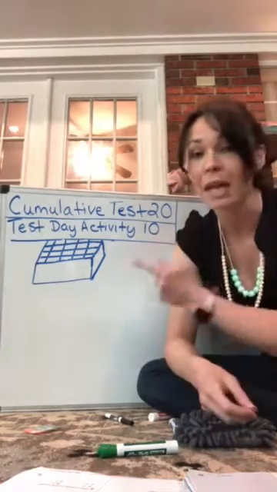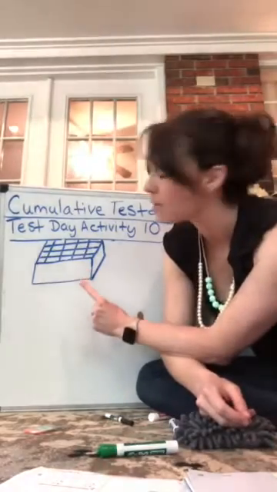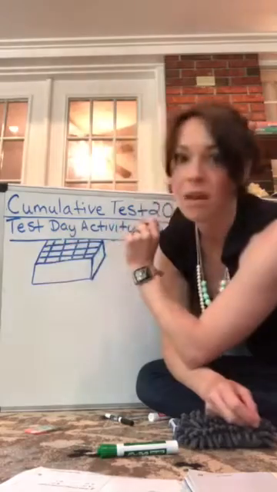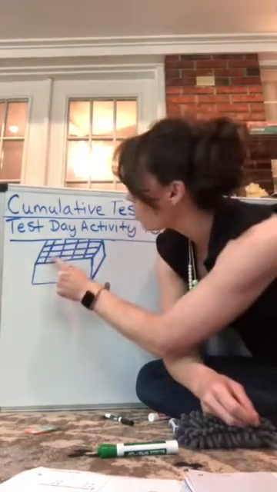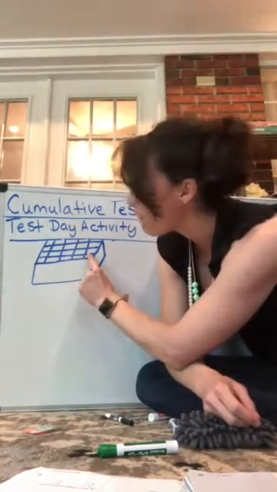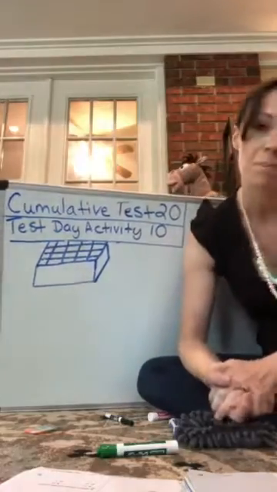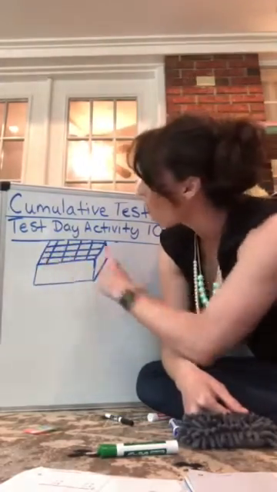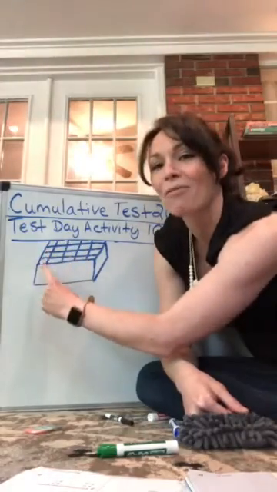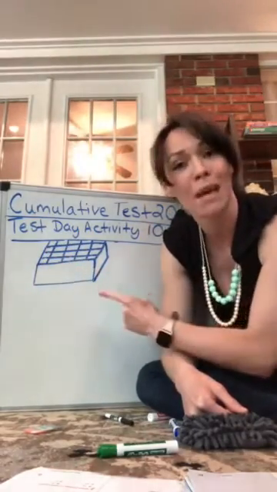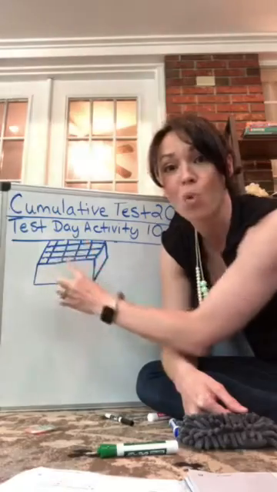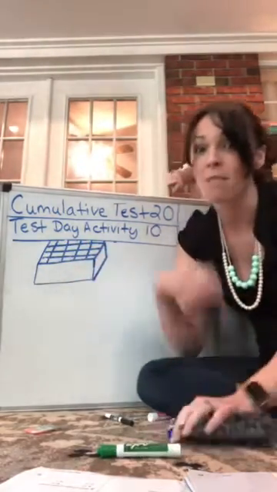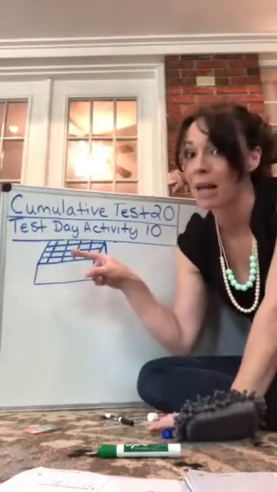If you're looking with me at the picture, sometimes it's hard to see, but there are 1, 2, 3, 4 that fit in that direction, and 1, 2, 3, 4, 5 that fit in that direction. So I can multiply, just like on my multiplication table. I see that I have 4 times 5, and I can multiply 4 times 5 and know that there's 20. Or I could count up all 20 of my cubes in this top layer.